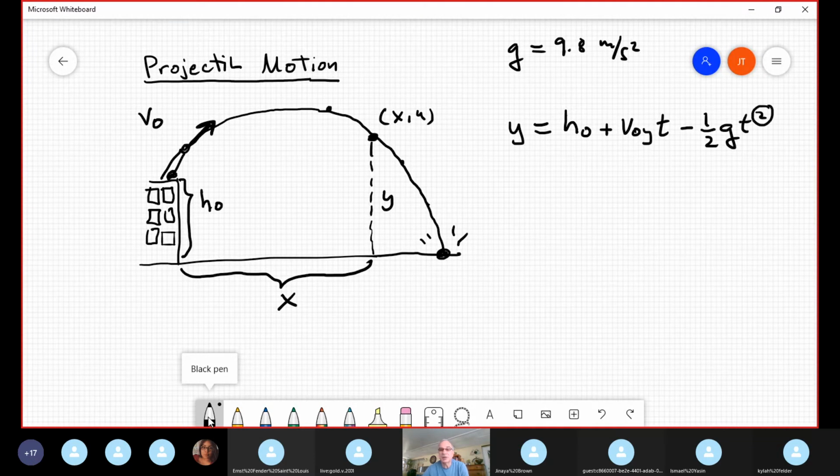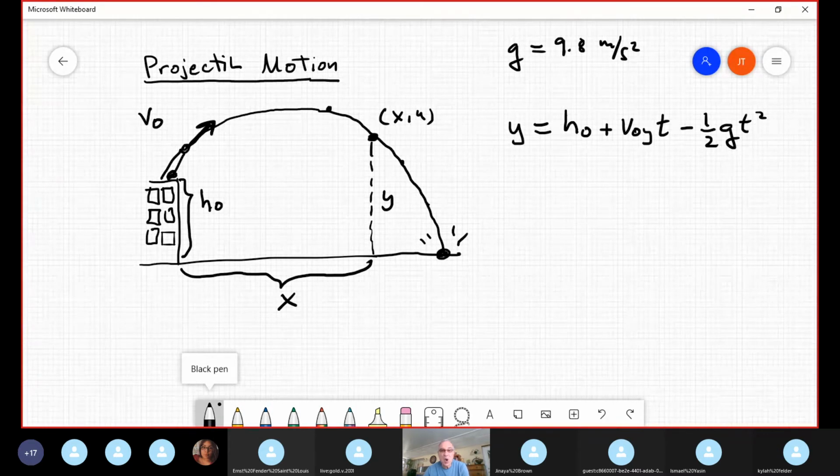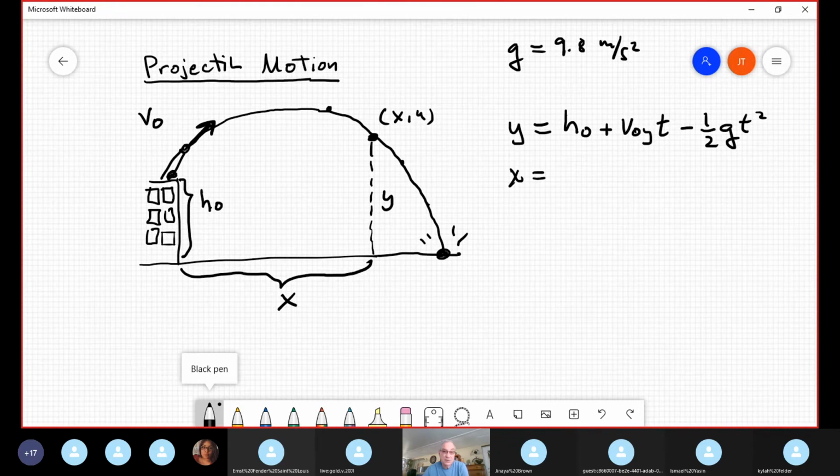You see square here again, a quadratic equation. This is the equation for y, the height. And the equation for x is easier, it's v0x t. Because we have one initial velocity, but we can break this vector down into components. V0x is the velocity in the x direction, and v0y is the velocity in the y direction, and v0 alone without x and y is the total vector, no?